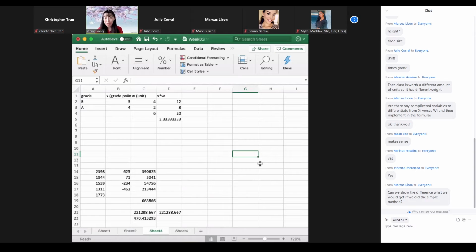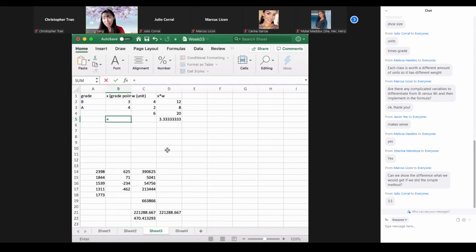Oh yeah, yes, Marcus, can we show the difference that what we would get if we use a simple average? Yes. So, if we use a simple method, if we don't consider the weight, right? Just look at, okay, you got 3.0 in one class and 4.0 in the other class. What you can do is equals, right?